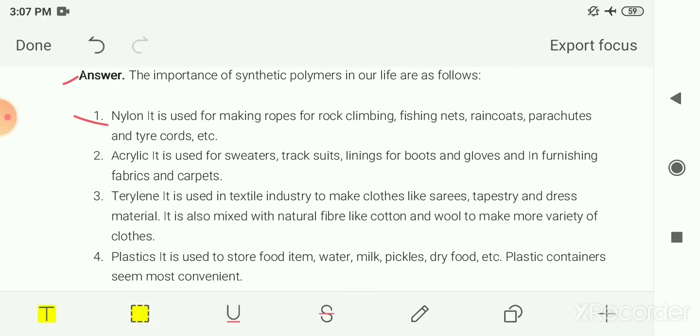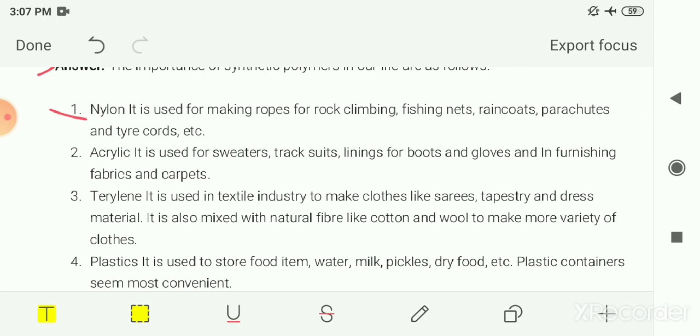It is used for making ropes for rock climbing, fishing nets, raincoats, parachutes and tire cords, etc. Tire cords means a fabric that is used to give the shape of tires and to support the weight of the vehicle. So nylon is a very strong fabric or artificial fiber. So it is used for rock climbing, fishing nets, raincoats, parachutes and tire cord.